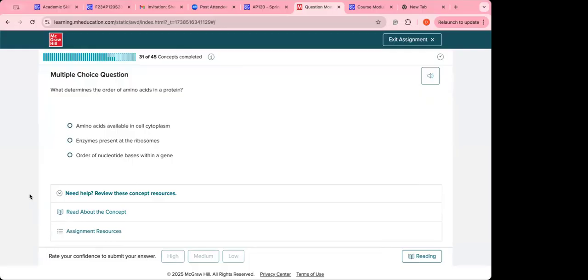Let me put it in and see. The sequence of nucleotides in the DNA encoding it.